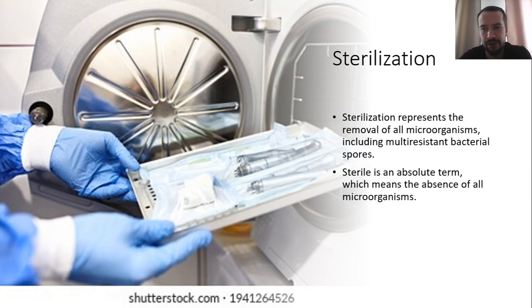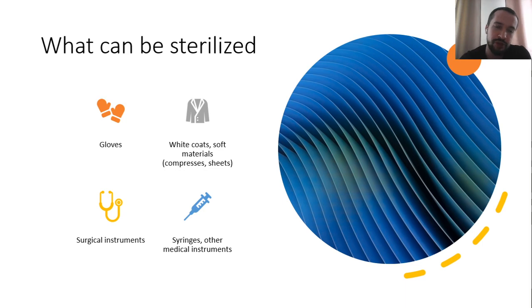Sterilization represents the removal of all microorganisms, including multi-resistant bacterial spores. Sterile is an absolute term, which means the absence of all microorganisms. What can be sterilized? Gloves, cloth, soft materials, surgical instruments, syringes, other medical instruments.